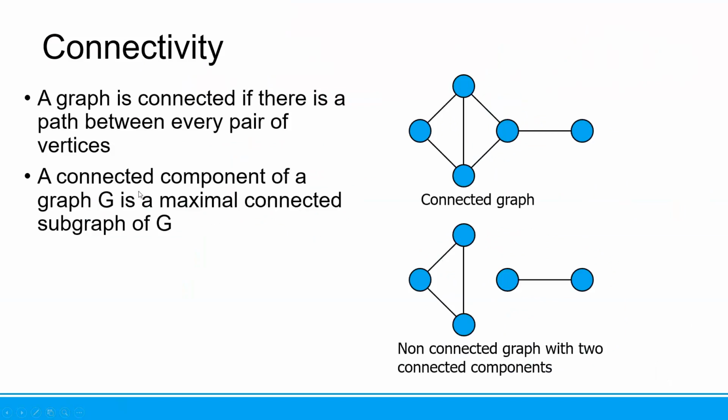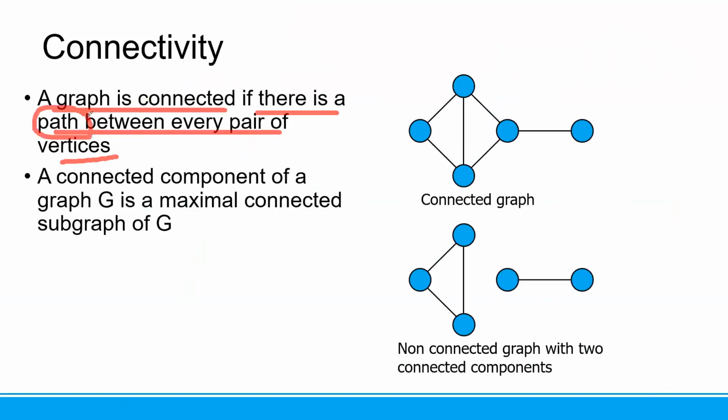We need to understand that a graph is a connected graph. So we call a graph connected if there is a path between every pair of the vertices. Okay, you still remember path?